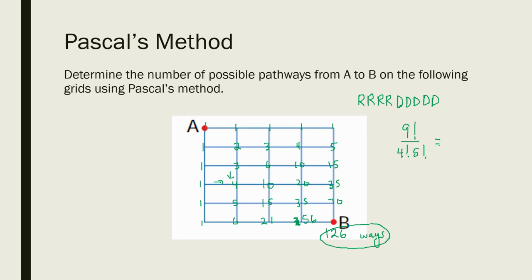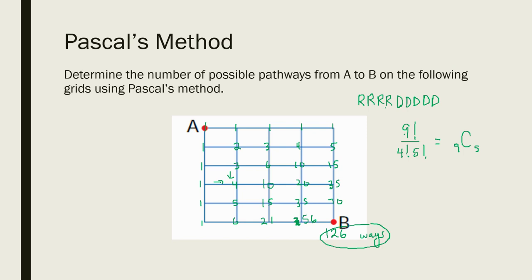I certainly hope so, or I'll have to do some editing for this video, which I don't want to do. Yes, 126. And remember, that is also the very definition of 9 choose 5, or 9 choose 4: the number of ways to choose your 5 downs from 9, or your 4 rights from 9. So that's 3 ways to do this problem, but we've now got one example of using Pascal's method.